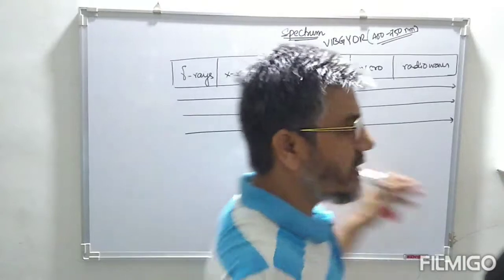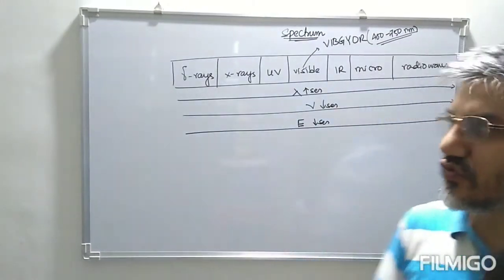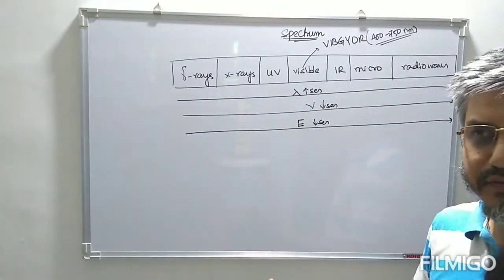So light, being an electromagnetic wave, shows wave behavior.